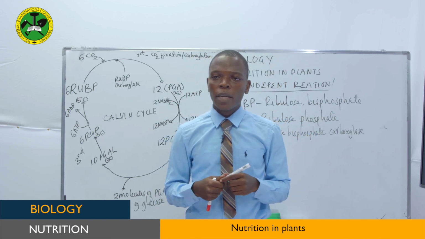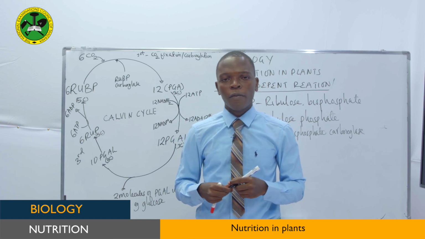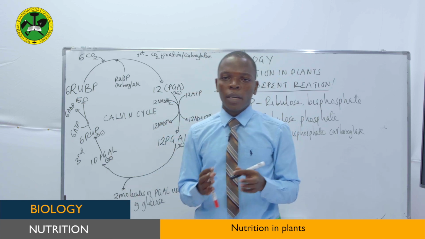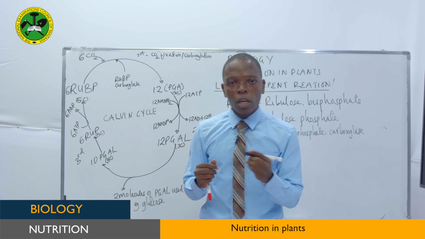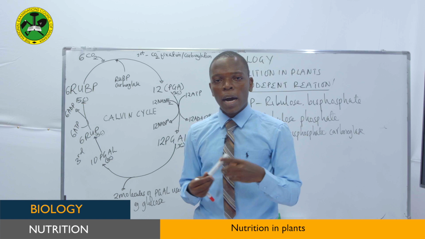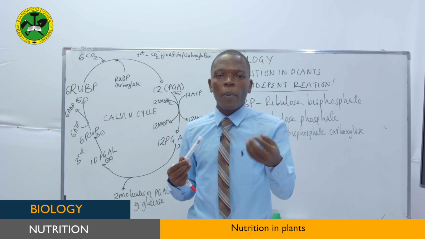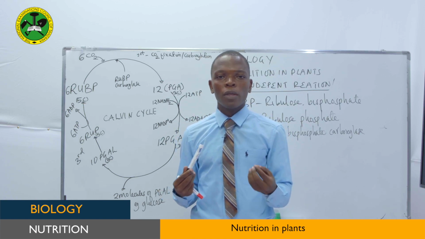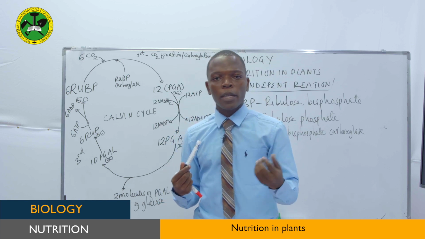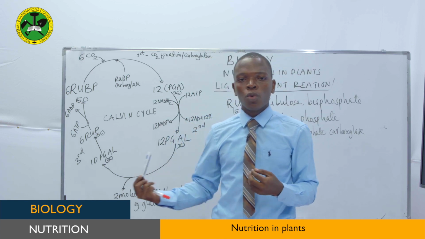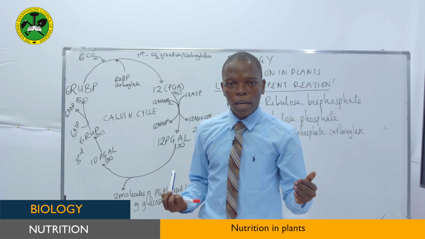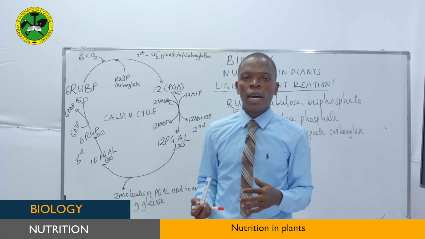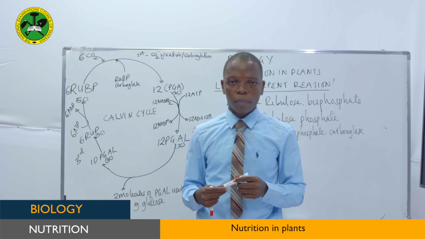Therefore, the things to remember are those three stages, and also how these stages are explained. You should now be able to explain carboxylation, reduction, and the last one, which is regeneration.